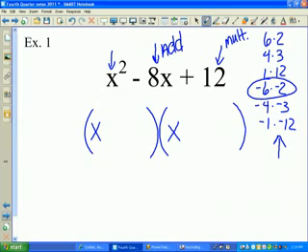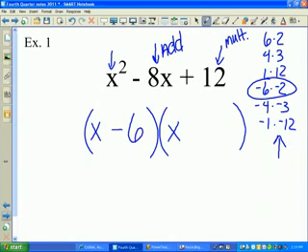Right now, the best one will be right here, -6 times -2, because a -6 times -2 gives me a positive 12, and a -6 plus a -2 gives me a -8. So that will be my solution, or that would satisfy those two terms.